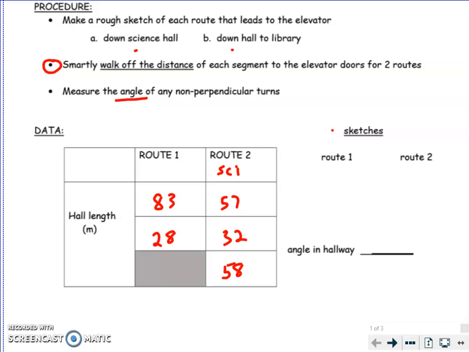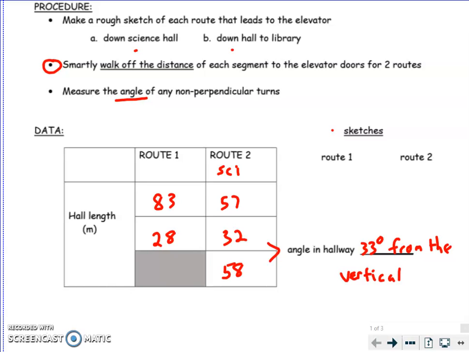And then there is an angle in the hallway that corresponds to the transition between here and here, and that is 33 degrees from the vertical. The vertical means if I was walking down the hallway, I deviated 33 degrees from that direction. I had to go left of forward.